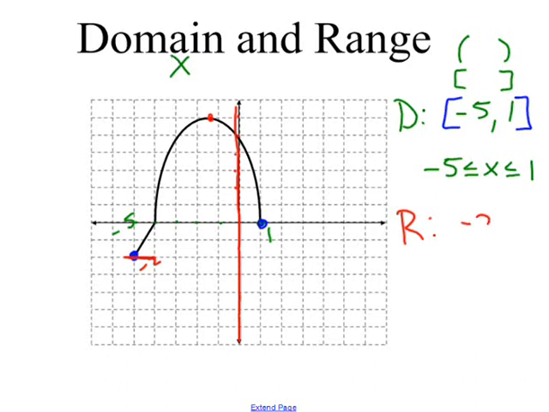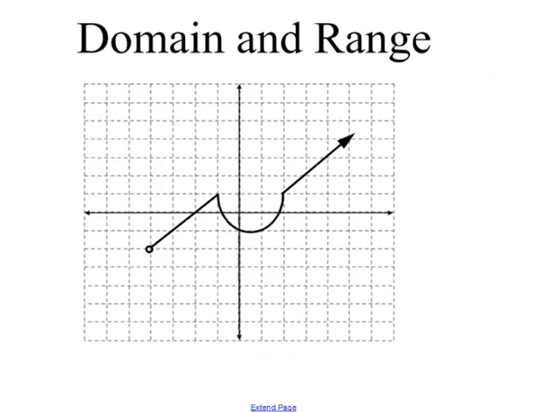So we have negative 2, comma, 6. You always start with the lowest number. And then you ask yourself, am I including these points or not? And if you include them, you use brackets. And again, if I write in inequalities, I would write negative 2 is less than or equal to y, which is less than or equal to 6.